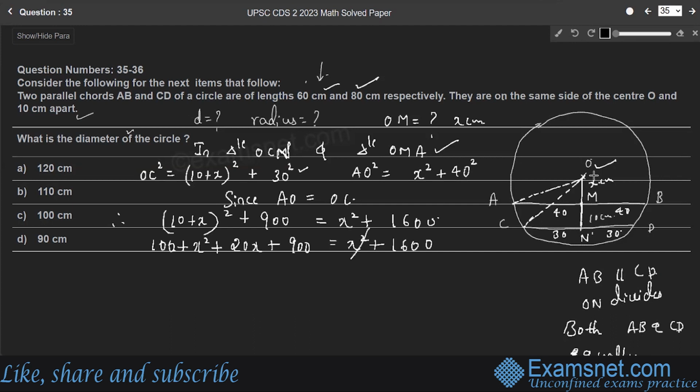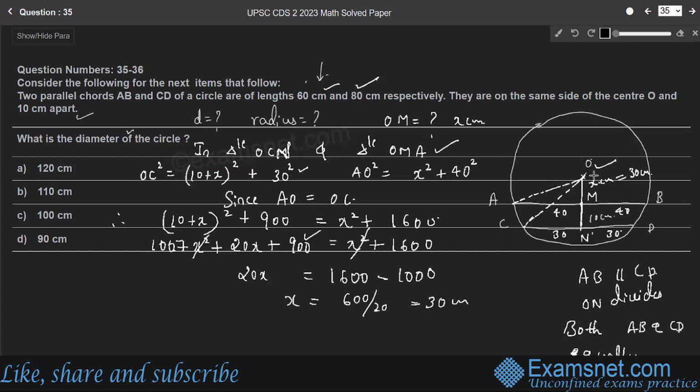So here students, we can cancel x square and x square. So 20x is equal to 1600 minus 900 plus 100, which is 1000. Therefore, x is 600 by 20, which is 30. So OM distance x is 30 centimeter.